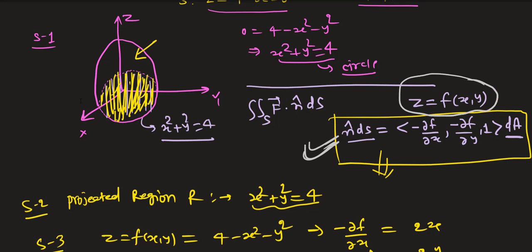Now if you do not have the surface in the form of z is equal to f of xy, I gave you a general expression. You need to parameterize the surface first, into u and v, or maybe s or t, or whatever two surface parameters. But once you have the surface in the parameterization form, then you can use the expression which I gave you.